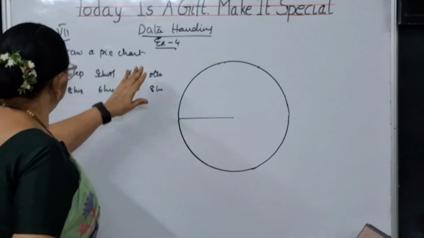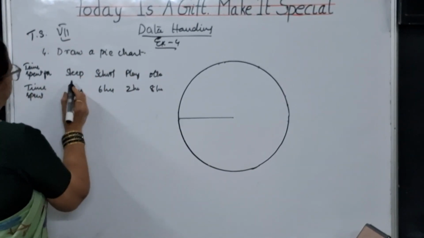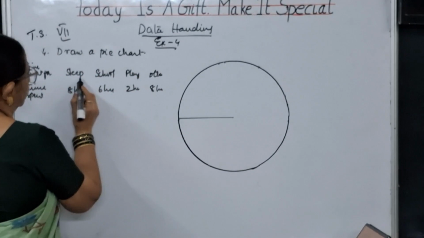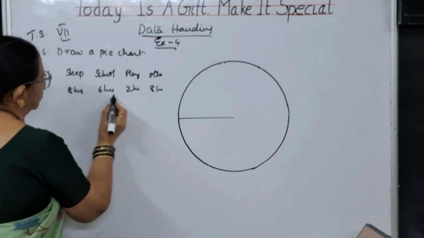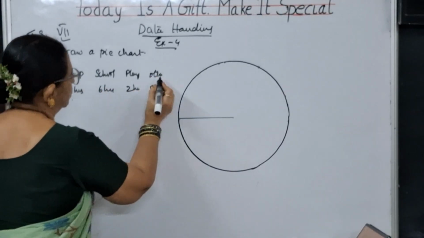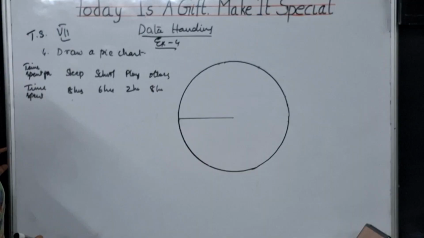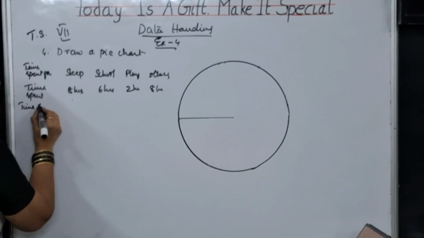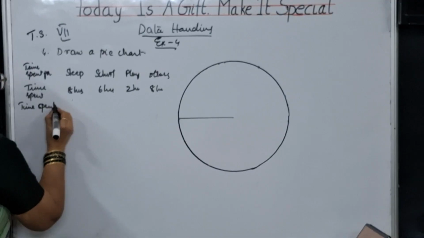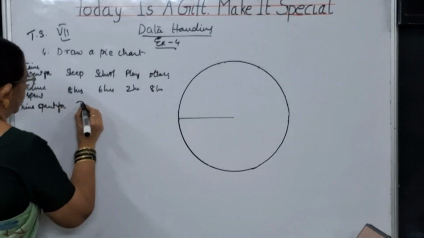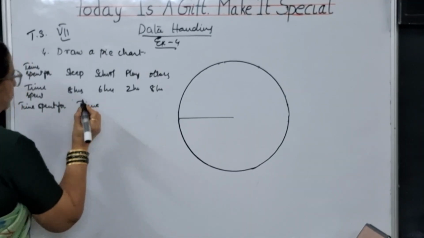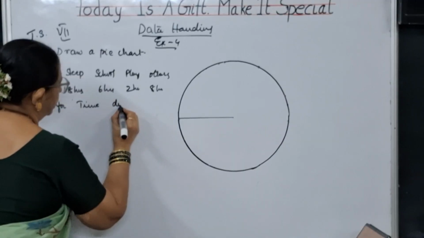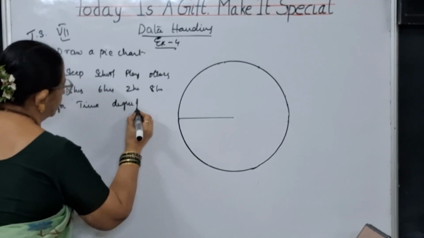Fourth problem, children. Draw a pie chart for the time spent. Sleep 8 hours, school 6 hours, play 2 hours, others 8 hours. So let us write this. This is time spent for each activity. Then we have to go for degree of sector.